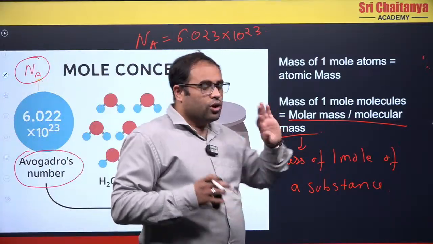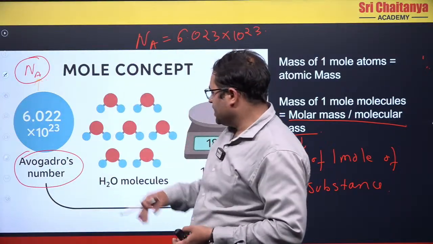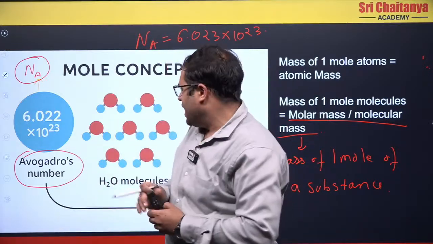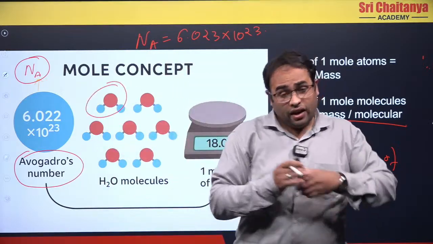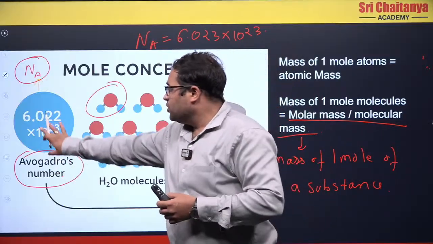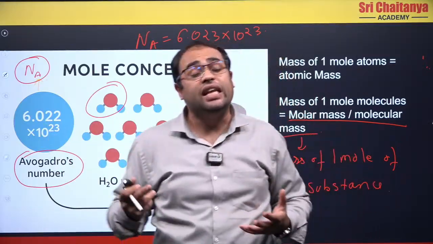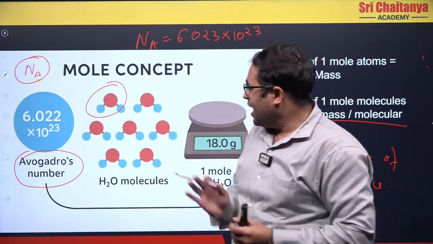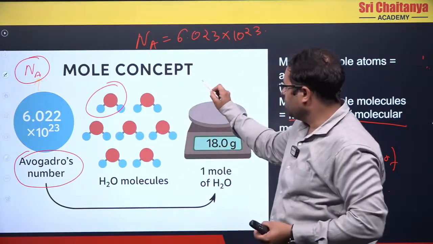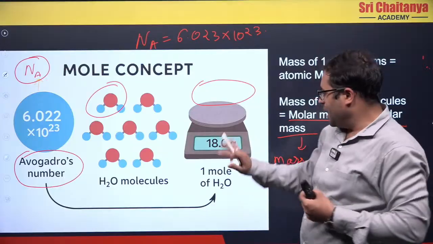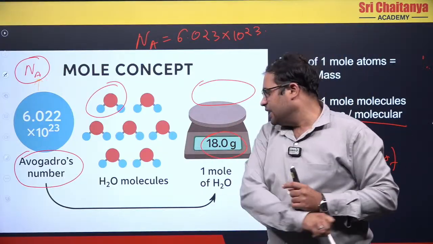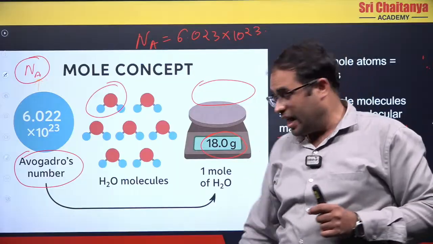Mass of 1 mole of a substance. Suppose I take water as an example. Water has molecules like this. If I take 6.023 × 10^23 molecules of water in my hand and place them on the weighing balance, the weight I will get is around 18 grams.